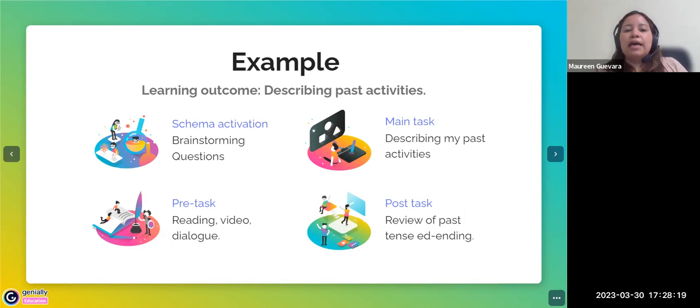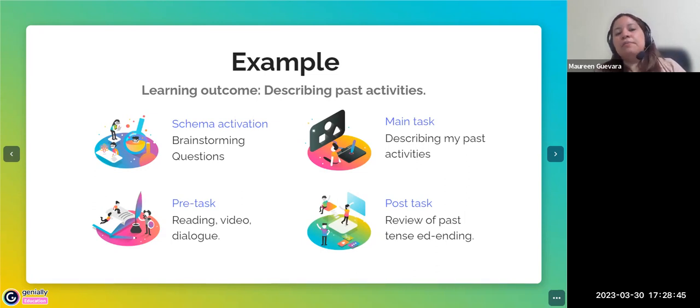Then during the pre-task, in this case describing past activities, probably I'll give them a dialogue. In a dialogue, we can practice and identify the language that is used. We can also use a video of people talking about their past activities so that they can listen to the pronunciation.